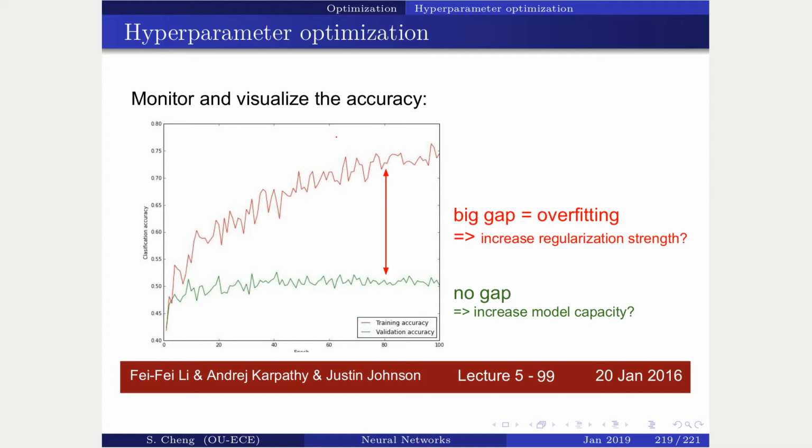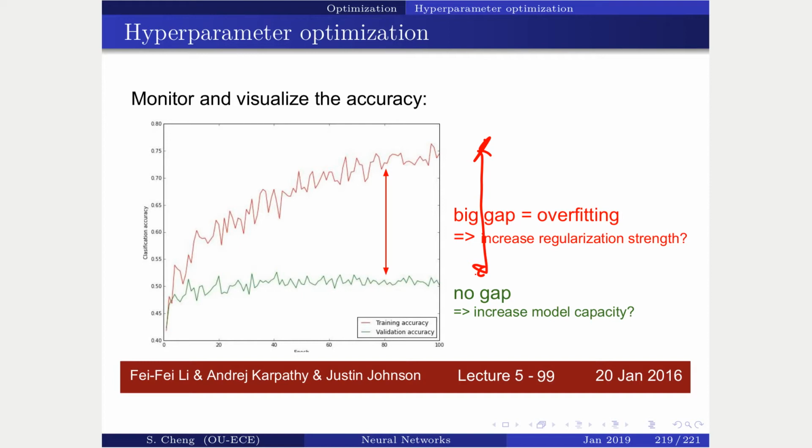One more thing is what we mentioned earlier, variance versus bias. What's that? The variance versus bias trade-off. If your model has a really large gap, do you still remember that?